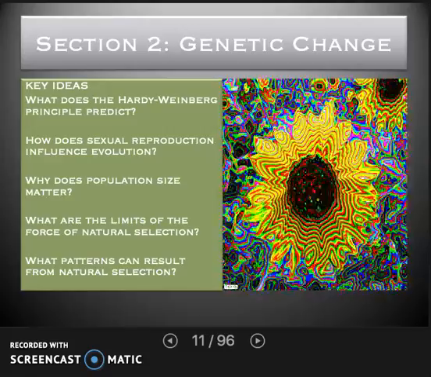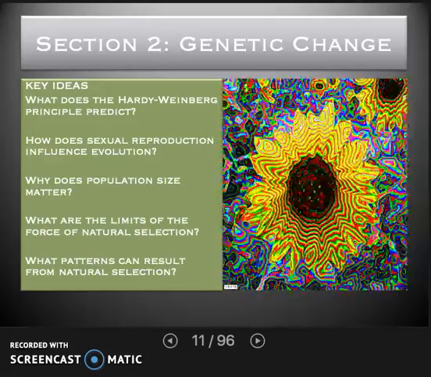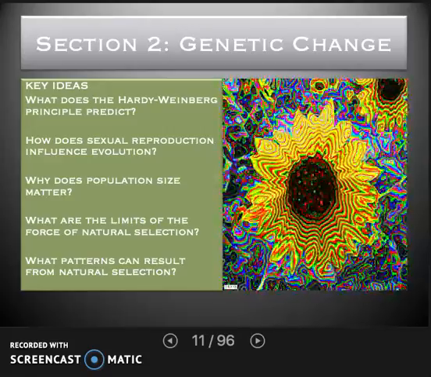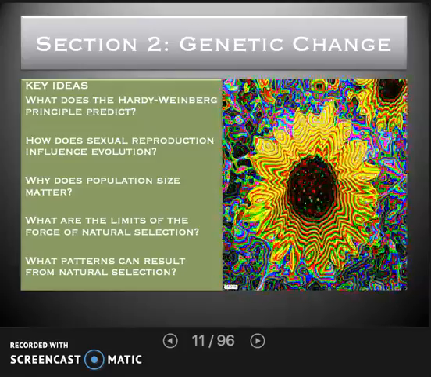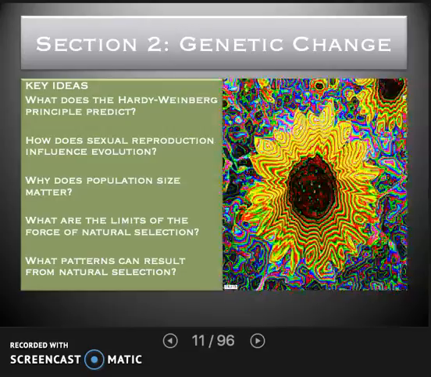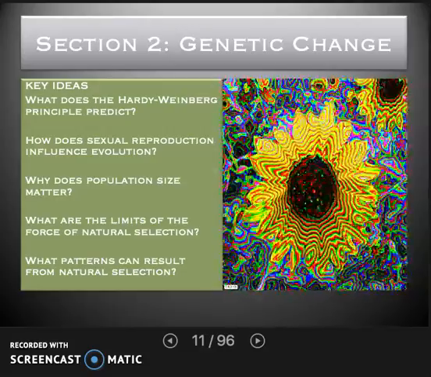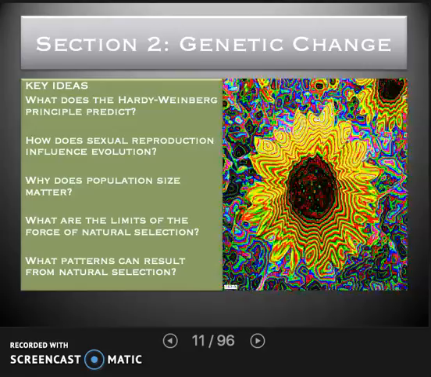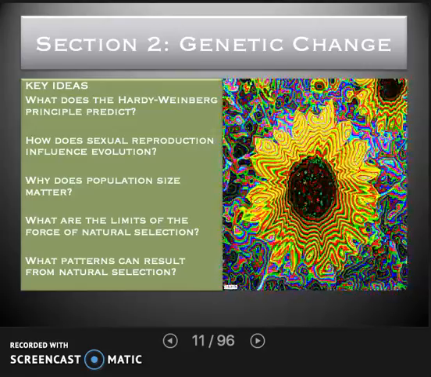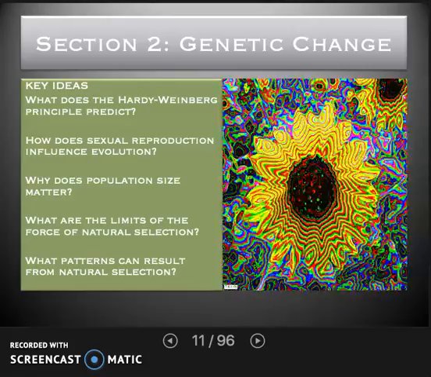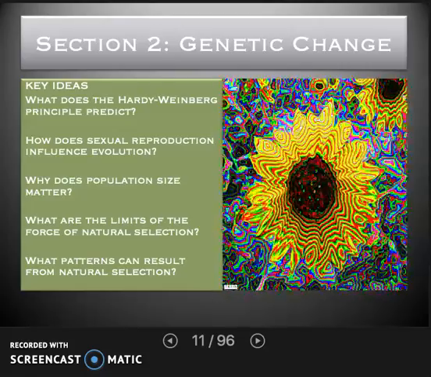With organisms, population size really does matter. It really affects how rapidly changes can occur. Even the environment is going to have really important potential changes on populations, and so we'll look at these patterns that emerge.